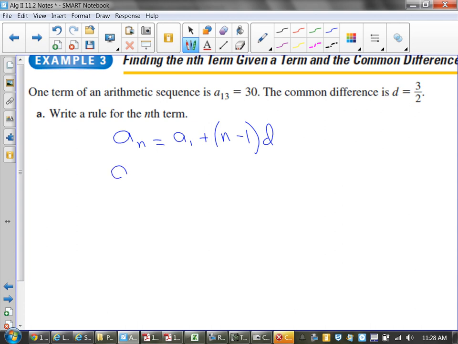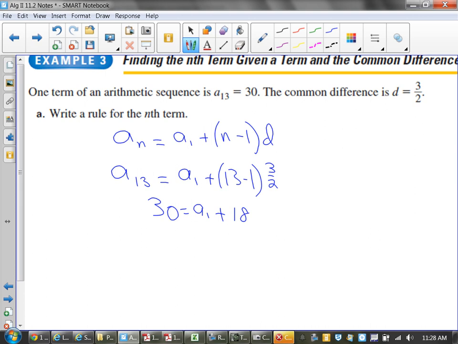I know that a sub 13 is still going to equal the first term plus 13 minus 1. And what's my difference? Times 3 over 2. So the 13th term is going to equal, which is how much? 30. So that means my first term plus, what's 3/2 of 12?